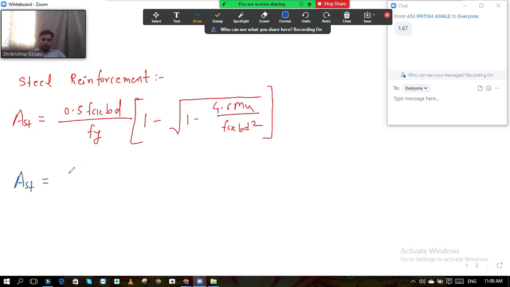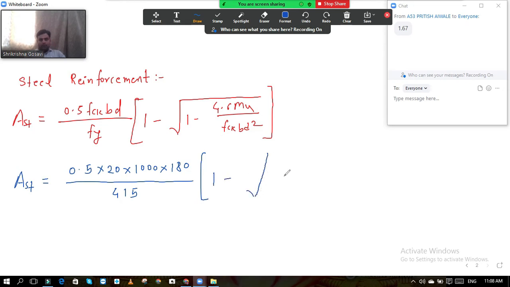Ast is equal to 0.5 fck bd whole divided by fy, 1 minus square root of 1 minus 4.6 into the bending moment 28.65 into 10 raised to 6, whole divided by fck is 20, b is 1000 into d square, 180 square.